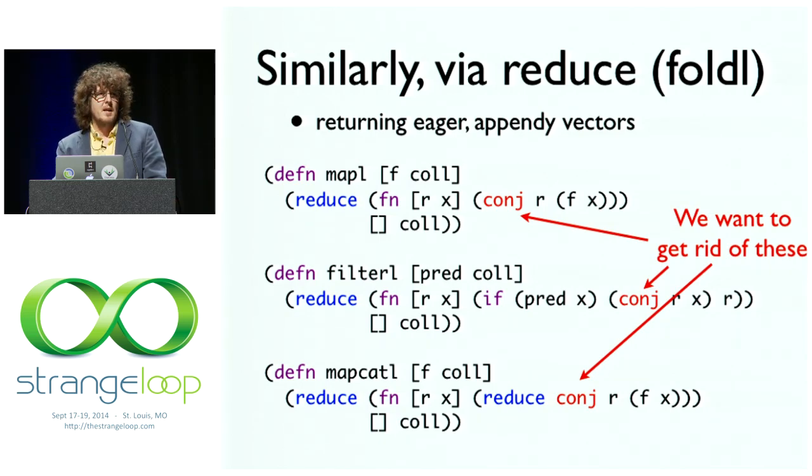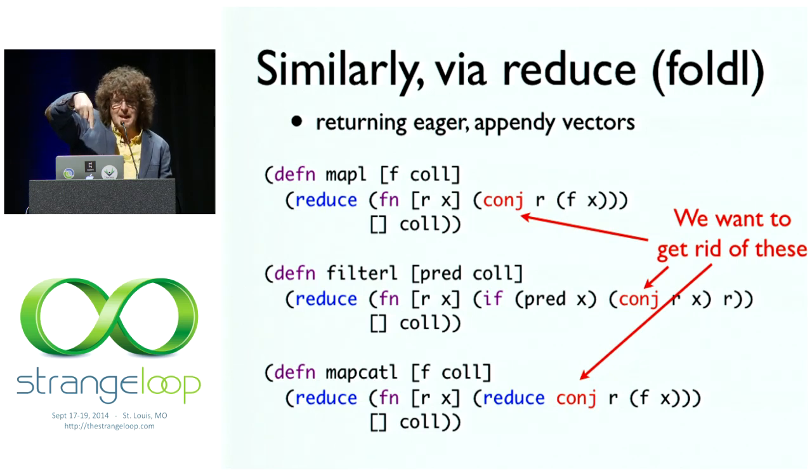Conj is basically like saying to the trolley or to the conveyor belt, right? It's something about the outer job that's leaked into the middle of the idea. Inside the middle of the idea of mapping is this conj. It does not belong. Inside the middle of the idea of filter is this conj. It shouldn't be there. Same thing with mapcat.